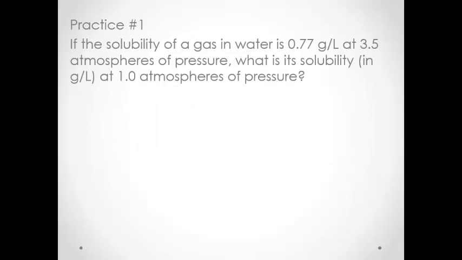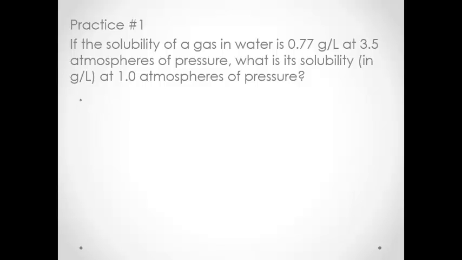And so we're going to do one practice problem here. If the solubility of a gas in water is 0.77 grams per liter, so that's telling you how many grams of the gas will dissolve in a liter of the water, and we know the pressure is 3.5 atmospheres. We want to know what the solubility, same unit, grams per liter, would be at 1.0 atmospheres.